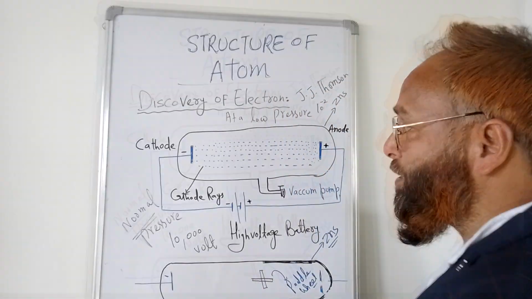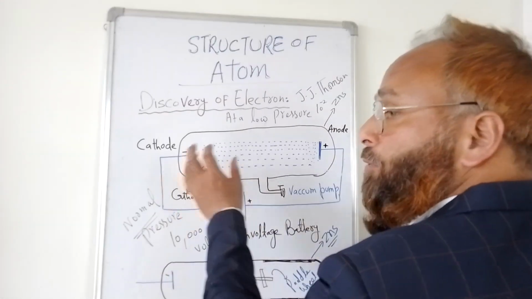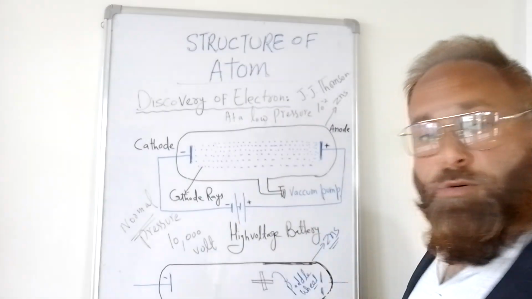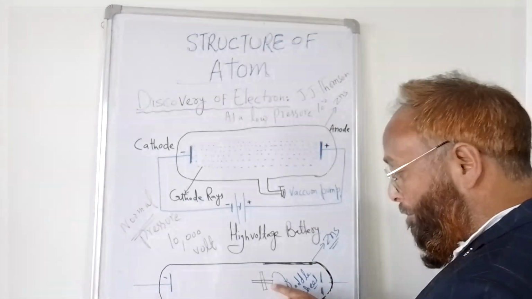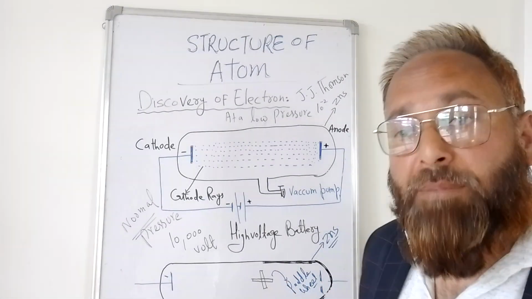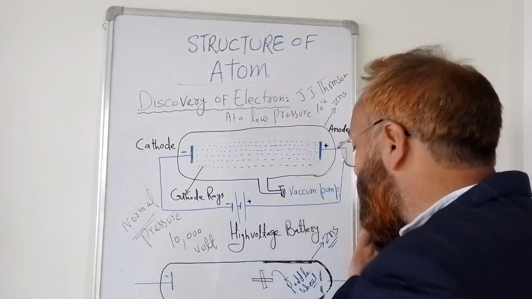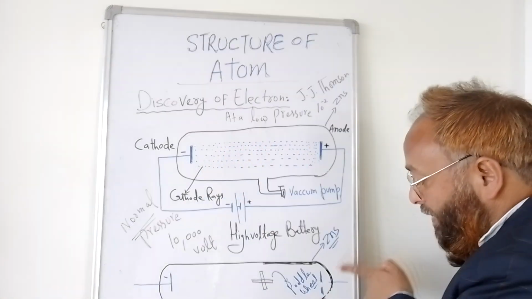When the same phenomenon is created through the discharge tube experiment, the paddle wheel shows rotation. This means certain types of radiation fall on the paddle wheel.